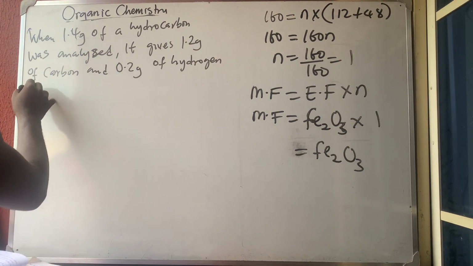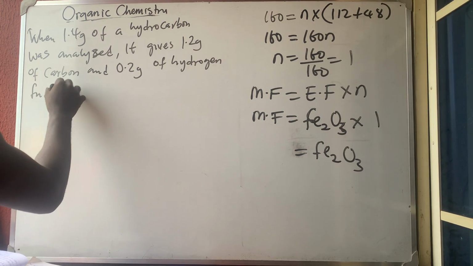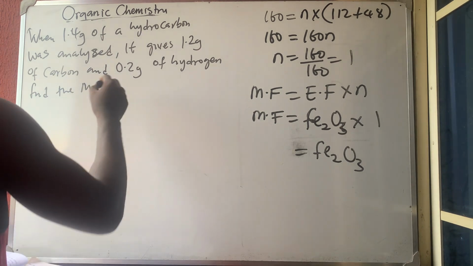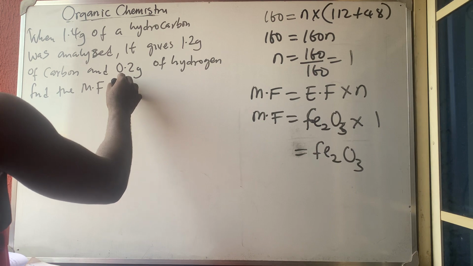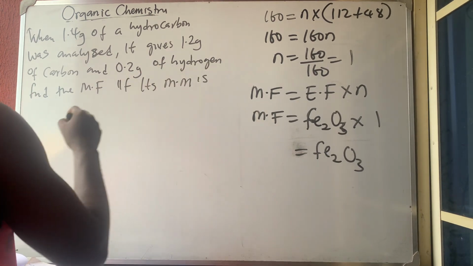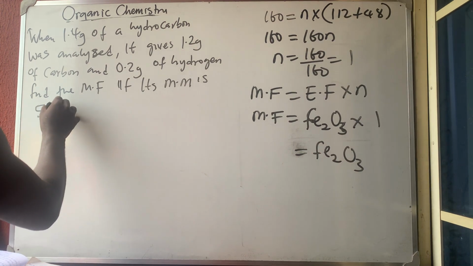Then I say find the molecular formula, if its molecular mass is 56 gram per mole.